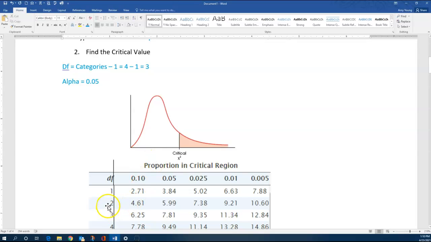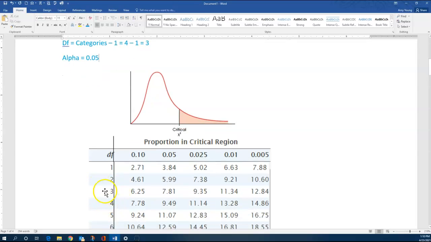We go to our DF of 3, go over to where we have our alpha level of 0.05, and we get that our critical value is 7.81. Now I want to remind you of what this means.